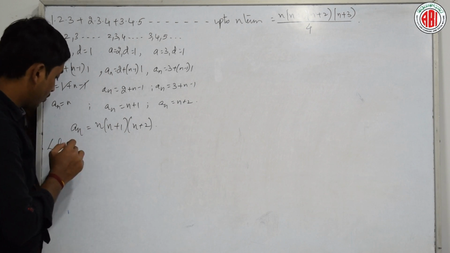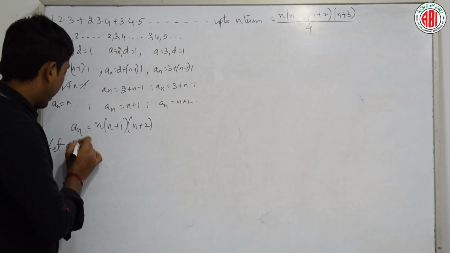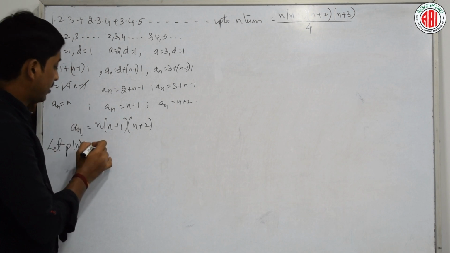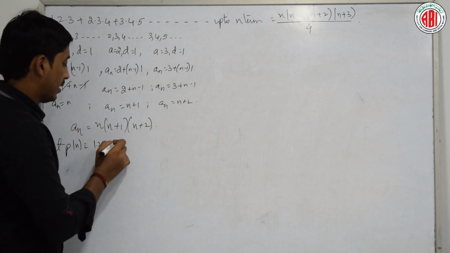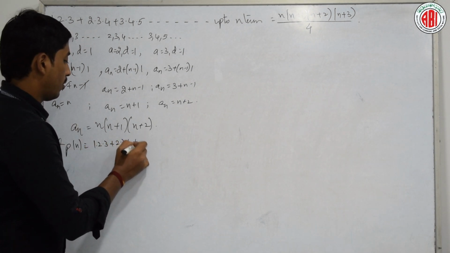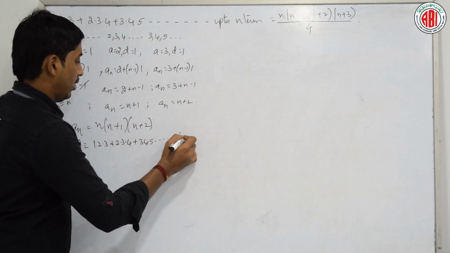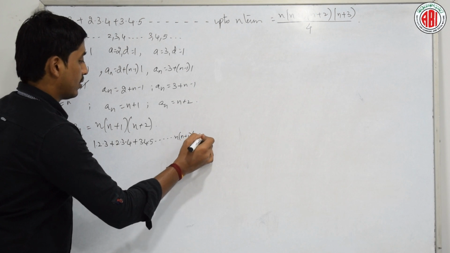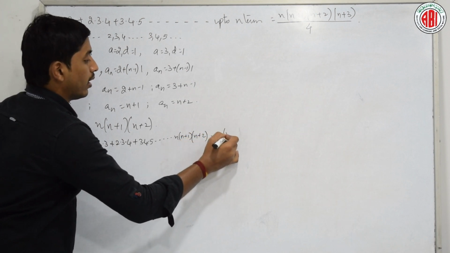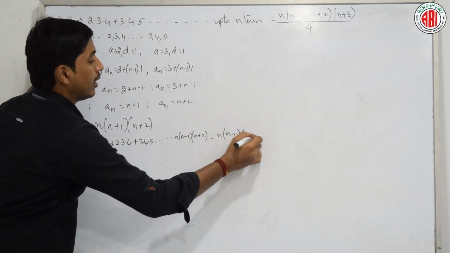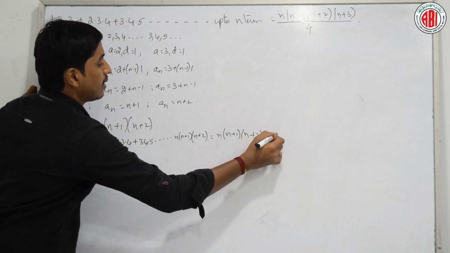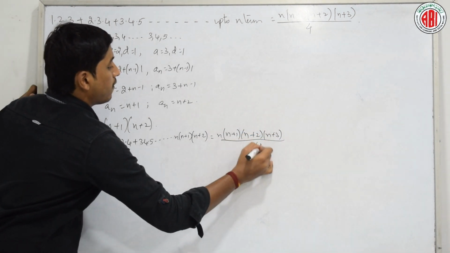Now tell me what will be my next step. We will assume let P of n be 1, 2, 3 plus 2, 3, 4 plus 3, 4, 5 and so on up to n into n plus 1, n plus 2, that is equal to n into n plus 1, n plus 2 and n plus 3 by 4.